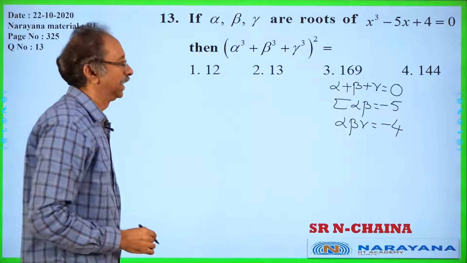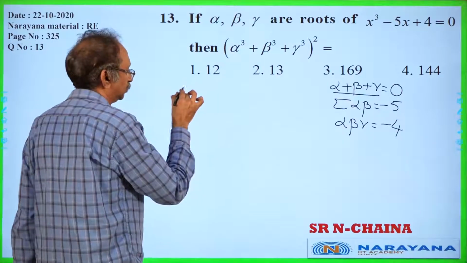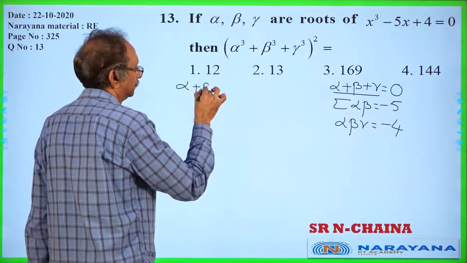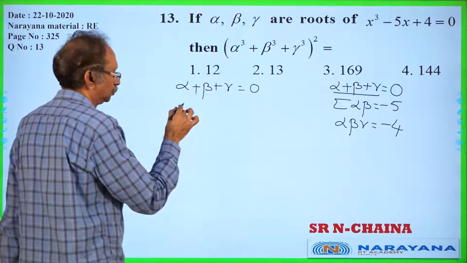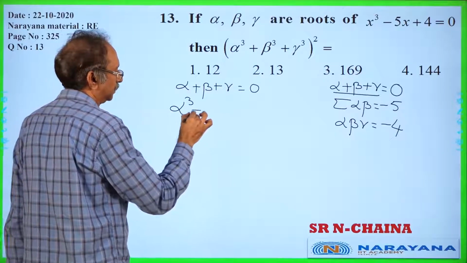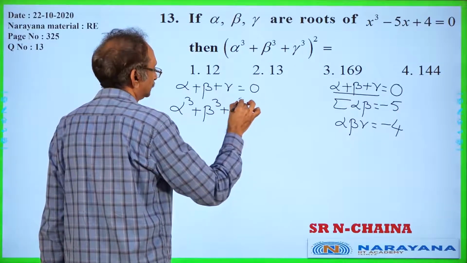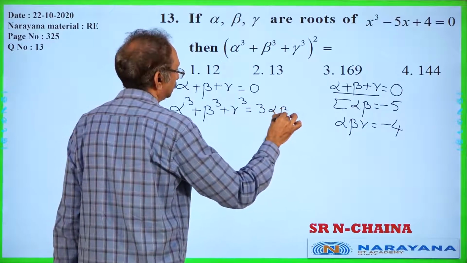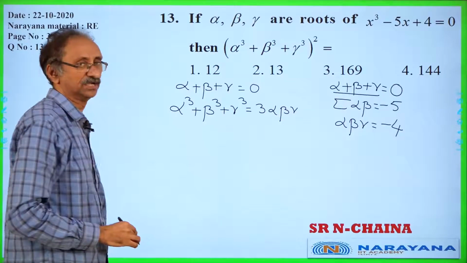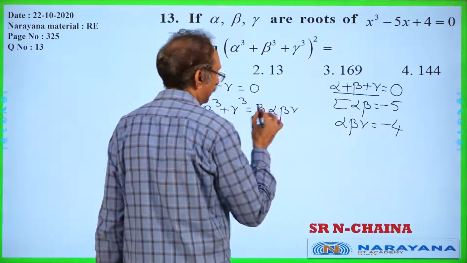Right. And now, whenever alpha plus beta plus gamma is 0, I am writing here. Whenever alpha plus beta plus gamma is 0, what is the formula for alpha cube plus beta cube plus gamma cube? That is 3 alpha beta gamma. That is a standard result. And what is alpha beta gamma here? Minus 4.